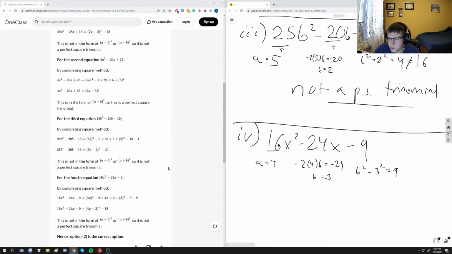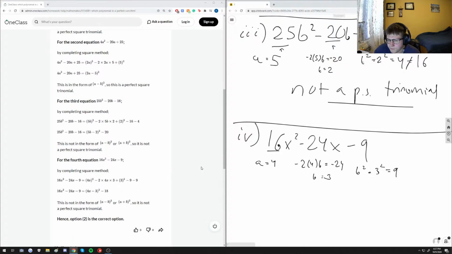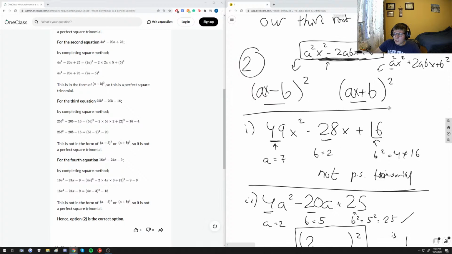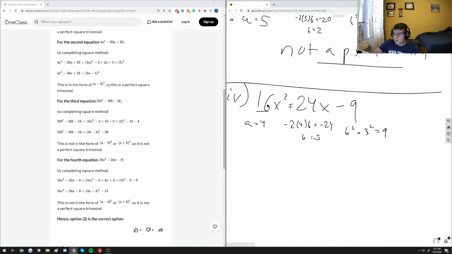So that means that even though this equation does have an a and does have a b solution, the fact of the matter is, when we look at the two forms that we could possibly have a perfect square trinomial in, we see that neither one of these forms can be met because there are two minus signs right here.